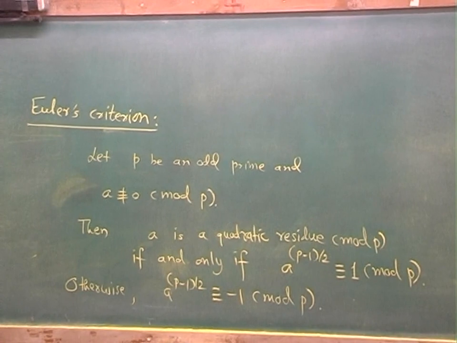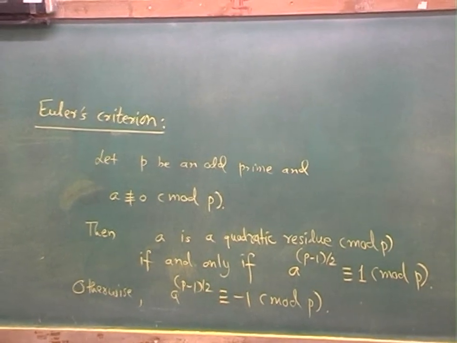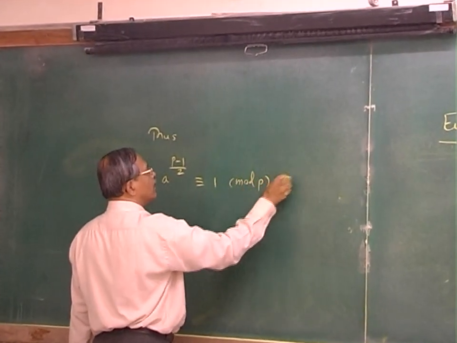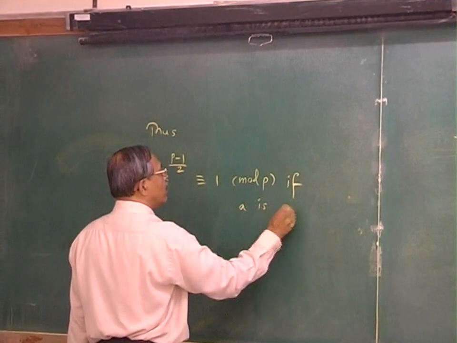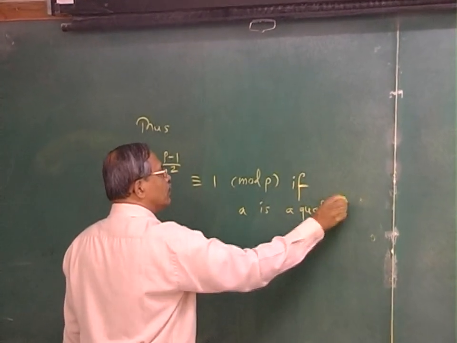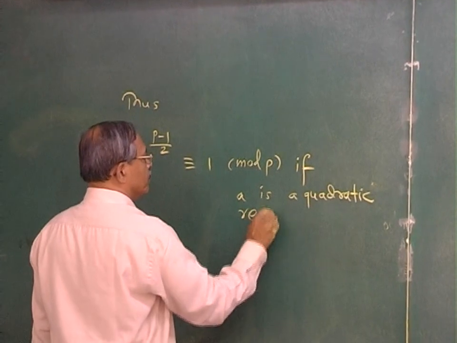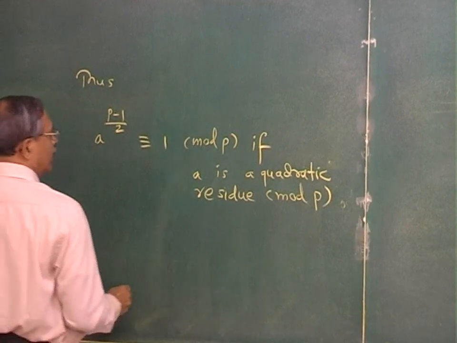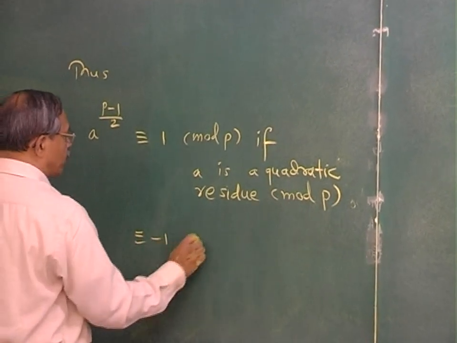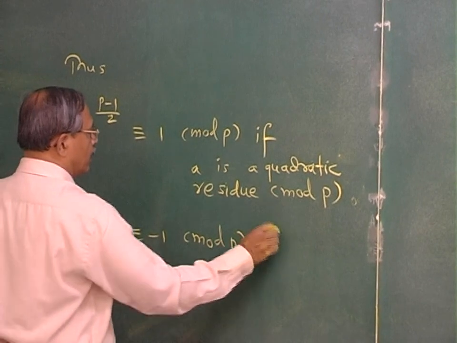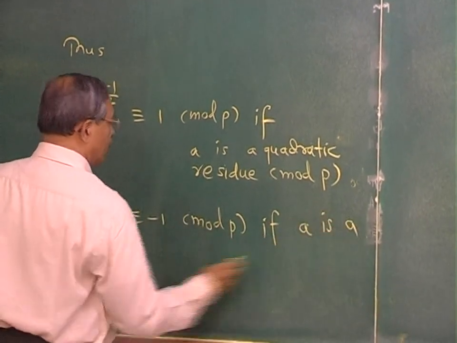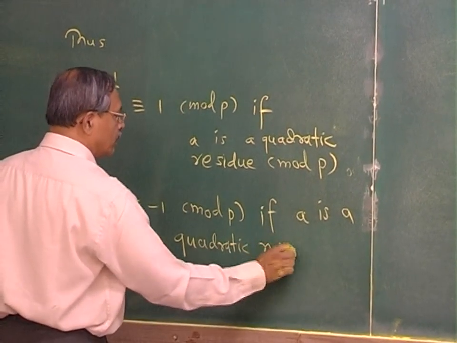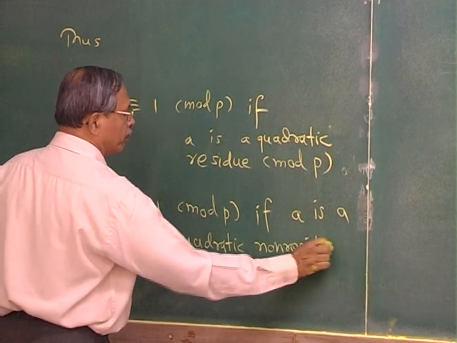Thus, a raised to (p minus 1) by 2 is congruent to 1 mod p if a is a quadratic residue mod p, and it is congruent to minus 1 mod p if a is a quadratic non-residue mod p.